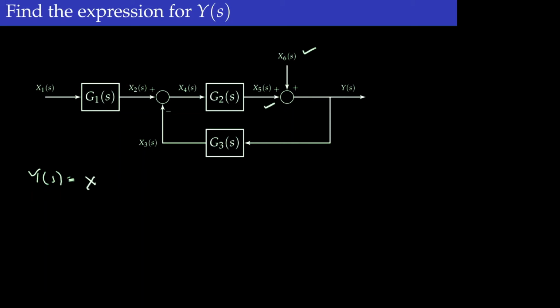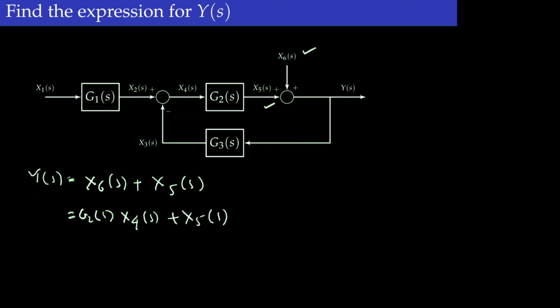So simply x6s plus x5s. Now we know that x6 is an external signal coming in. There is no relation with any other signals, but x5s is nothing but g2 times x4s.